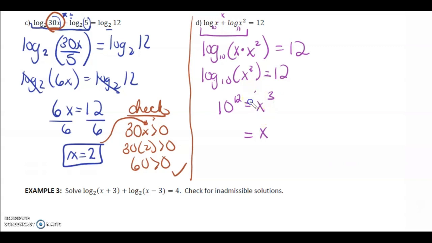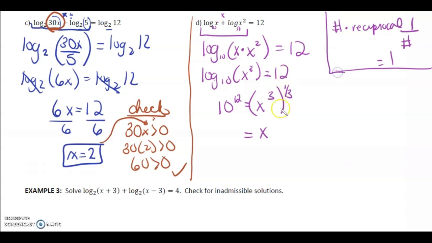Instead of writing it as a radical, I'm going to write the cube root as 1/3. This goes back to our approach where we multiplied by the reciprocal to get 1. A number times its reciprocal, which is 1 over that number, will always yield 1.